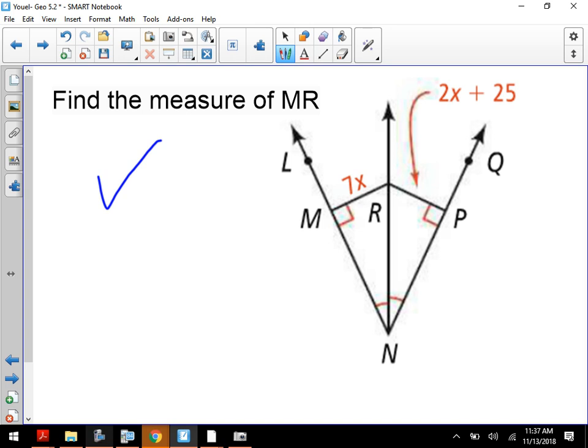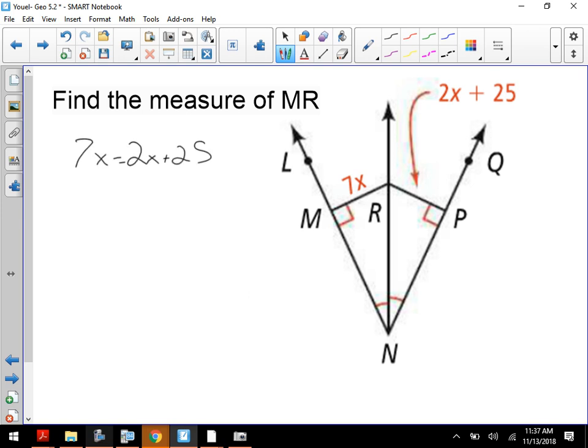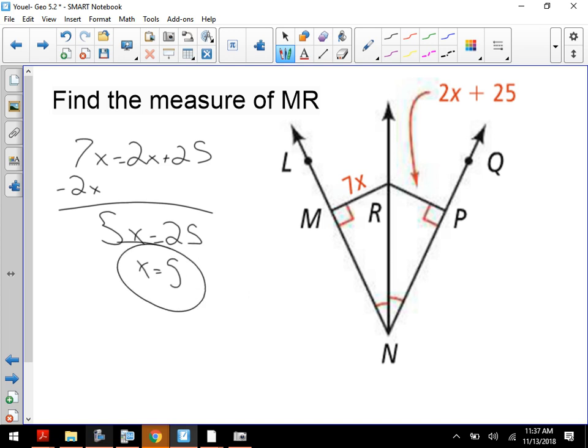What's on an angle bisector? Which means, what do you have to do algebraically? 70? Okay. So, what do you write? Okay, so let's check it again. 7 times 5, 35.